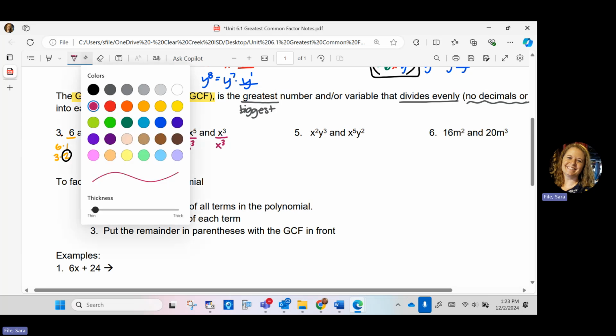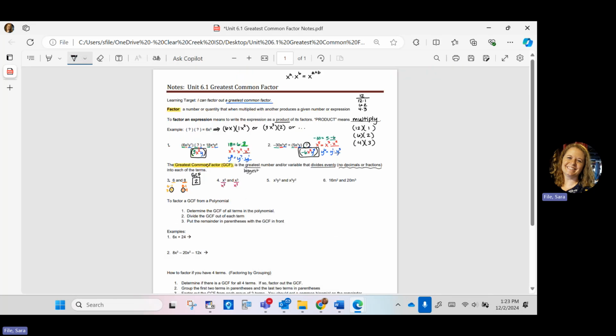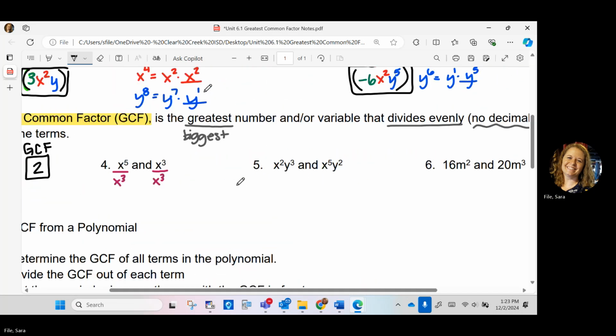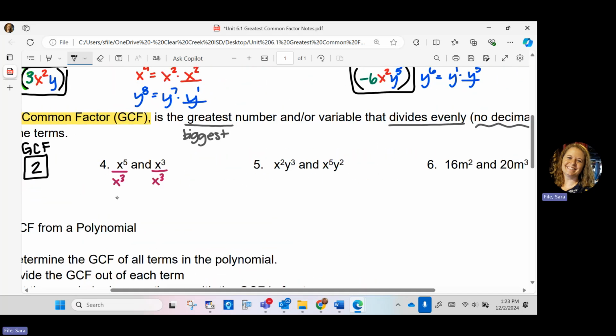So x to the 5th divided by x cubed would leave me with x squared, and x cubed divided by x cubed would leave me with 1, because anything divided by itself is 1, right? So did those both divide evenly by x cubed? I could divide that out of both. So that is my GCF. My GCF is x cubed. That's what I can divide out evenly.